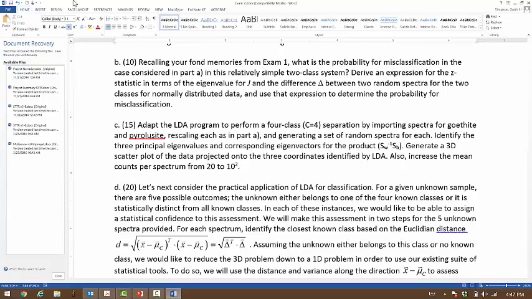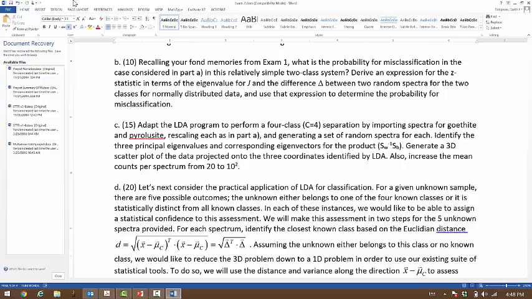Oh, B. Okay. All right. The question in B goes back to what we did on the first exam in terms of the probability of misclassification. Then we have to do it again with a different approach. Yeah, because it's a different expression for Z, now in terms of J. So we have two different ones: one according to the last exam, and a new one using this approach.